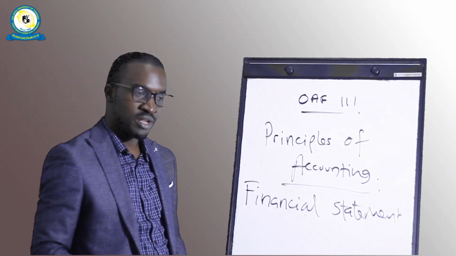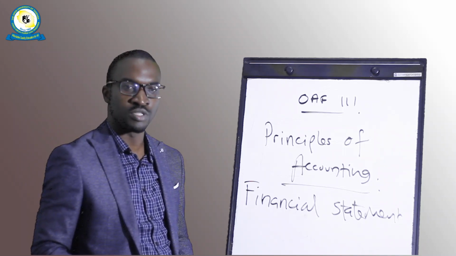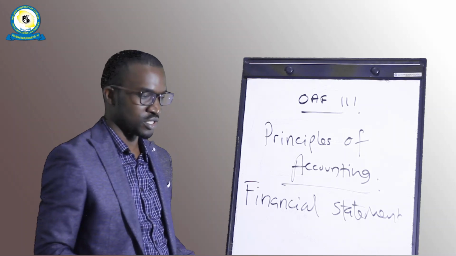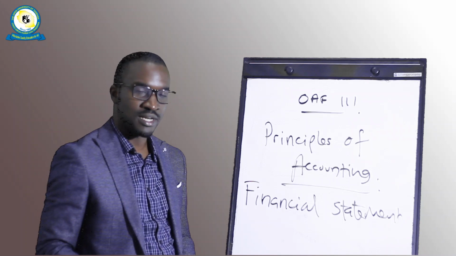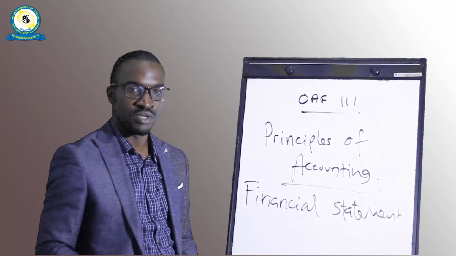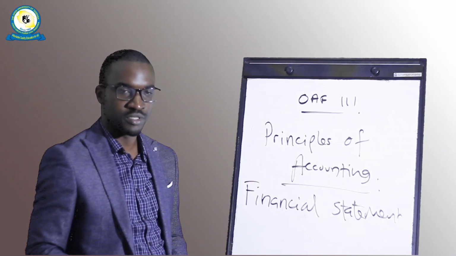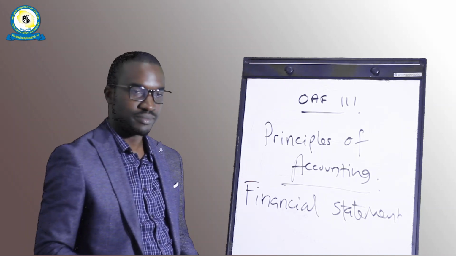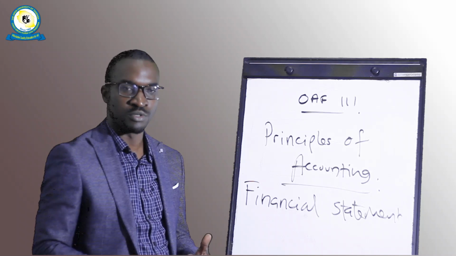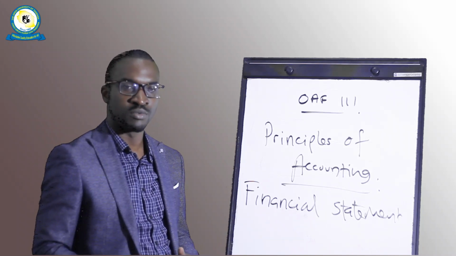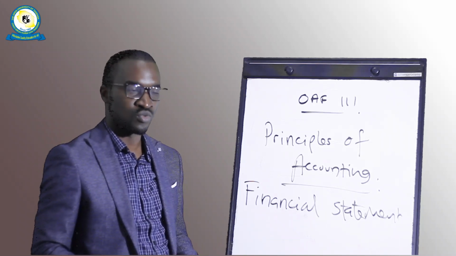Now, to start with, one should ask how many financial statements or reports we mean. With the standards, we have almost 5 financial reports: the balance sheet, the income statement, statement of cash flows, statement of changes in equity, and notes to accounts.